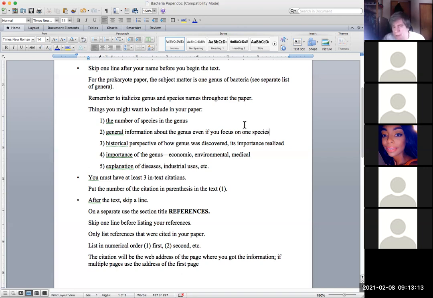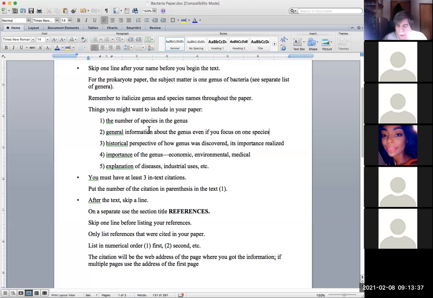So maybe the general information that you include is what are the overall characteristics of the organisms in this genus? What shape are the cells? Are they gram-positive or gram-negative? Remember, that was one of the types of stains that we talked about to identify cells the other day. And there are some other things that you might include as well.